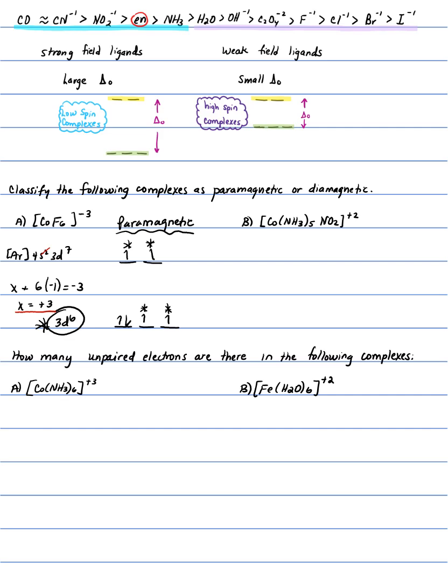You can calculate, but you have 6 ligands. They're neutral, right? And your overall charge is +3. So that +3 will correspond to the charge of the metal. So your cobalt is +3, which means that you will have again 3d6.